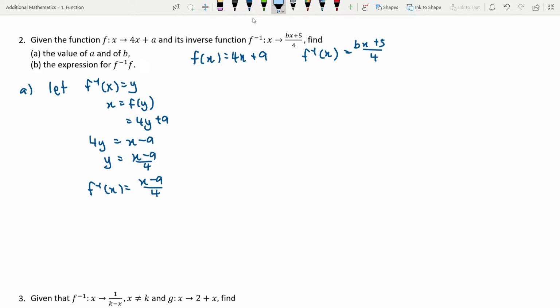Compare the inverse function of f we obtain with the given f inverse. As comparison, b is equal to 1 and negative a is 5, which means a equals negative 5. Now we have the complete function for f and f inverse.